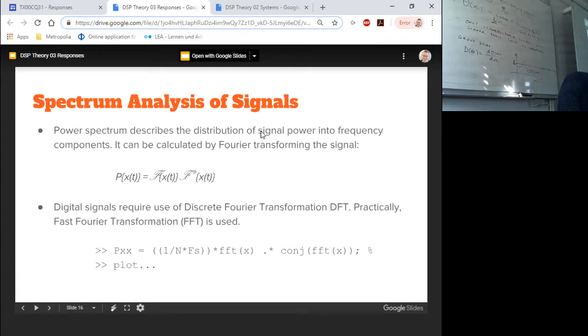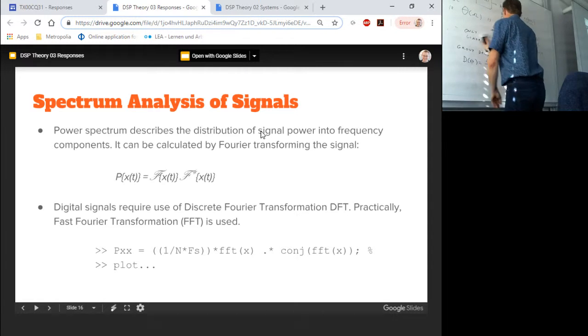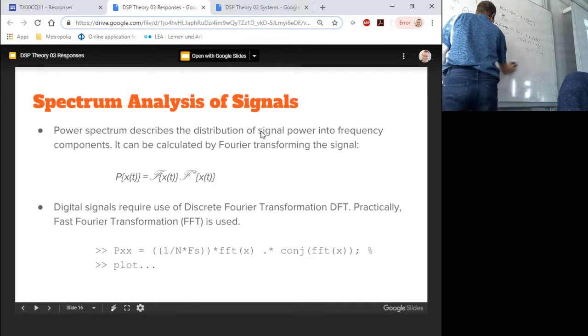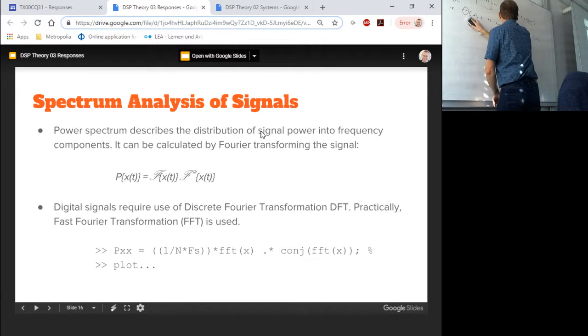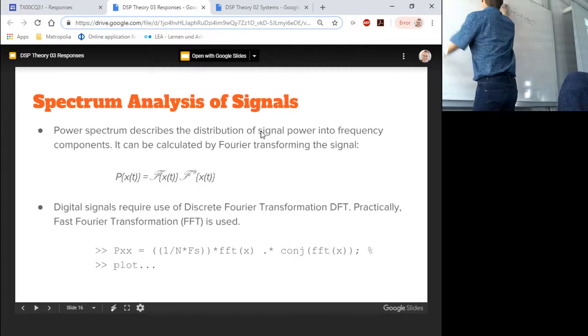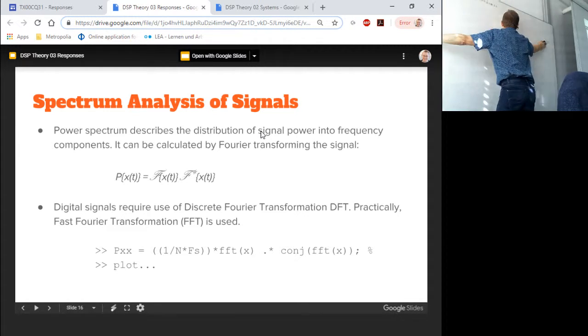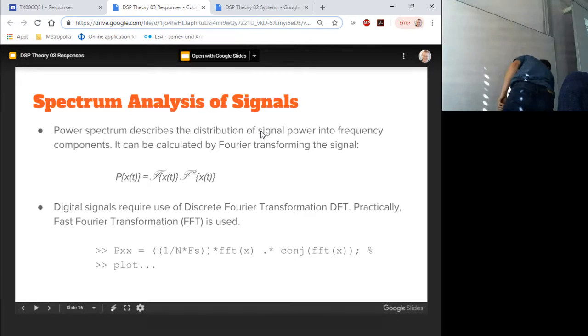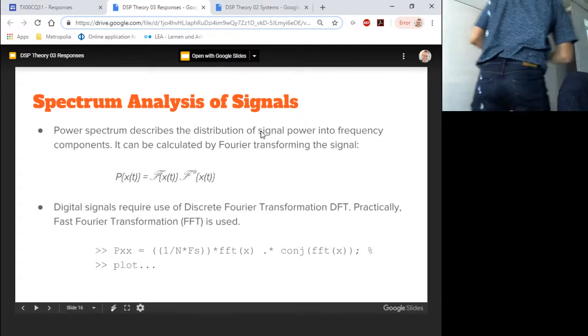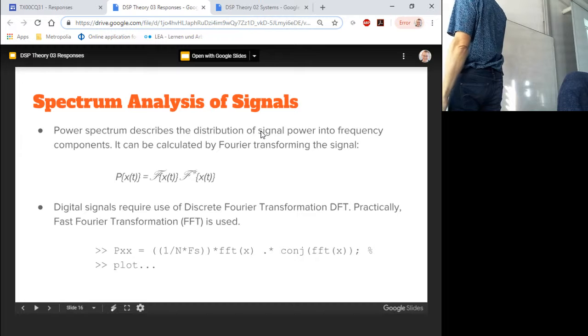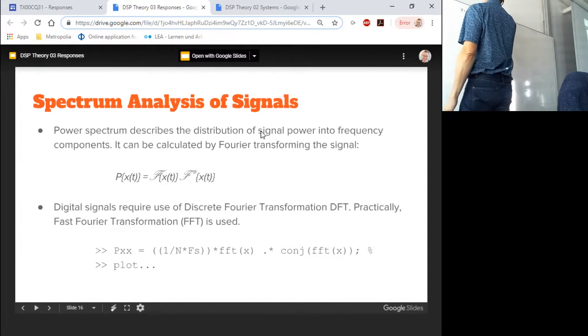How to do the spectrum analysis? That's simple. You have done the math already. Spectrum analysis of the signals. Signal spectrum.